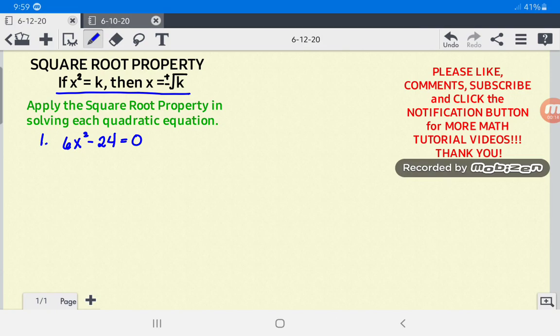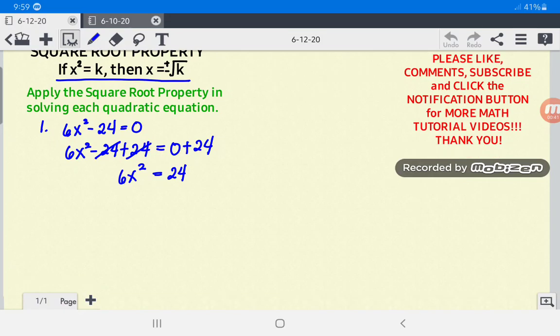So first step is you have to add 24 on both sides of the equation. So we have 6x squared minus 24 plus 24 equals 0 plus 24. Then you cancel negative 24 and positive 24. So we have here 6x squared equals 24. Now notice that there is a numerical coefficient here in the variable x.